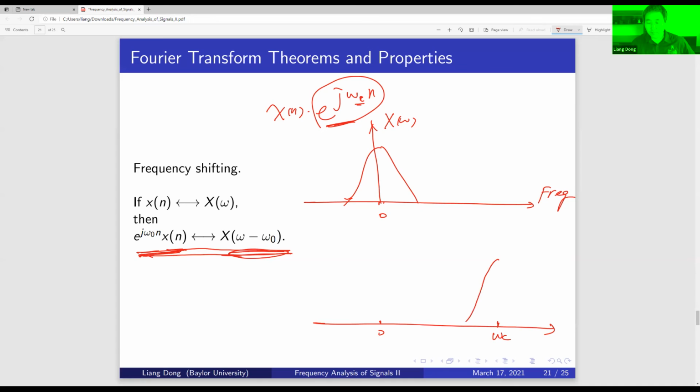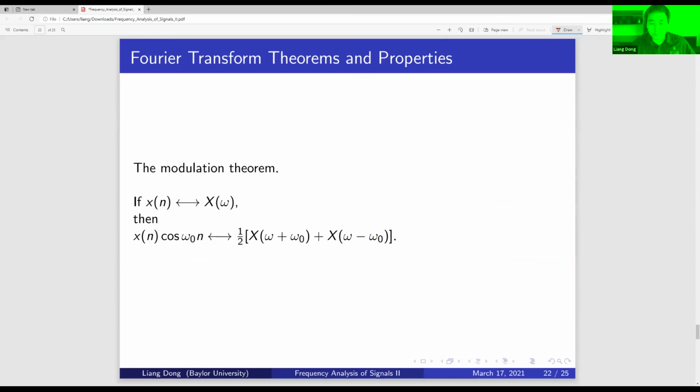So move it here. Actually, we are only looking at the absolute value. So that is the frequency shifting. In communication, that's a modulation. You modulate onto a carrier frequency.